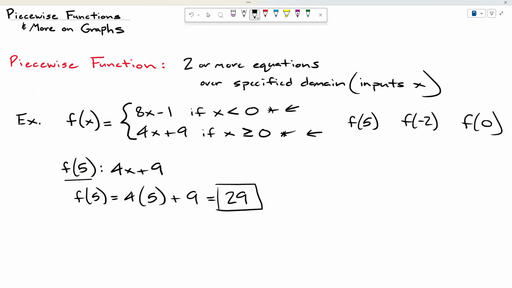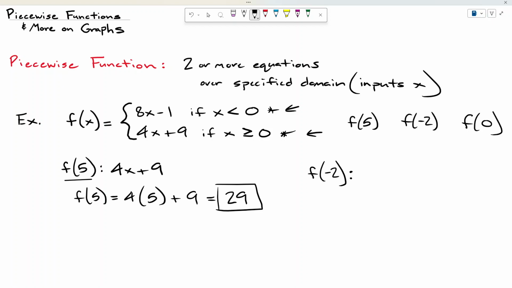And then let's do f of negative 2. Let's evaluate that. So first off, let's figure out which equation we're using, the top or the bottom one. So the top one says all x less than 0. Well, negative 2 is certainly less than 0.